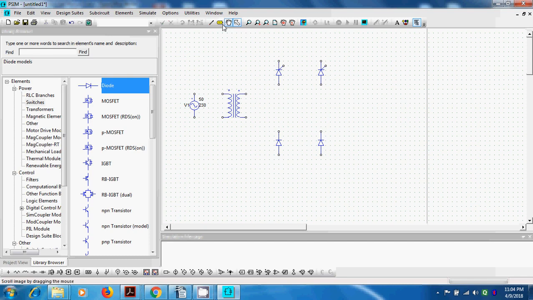Okay, now we'll connect the circuit with the help of this pencil. Similarly, this is my output of transformer that I will connect to here. Similarly, this input is connected from AC mains to transformer like this.